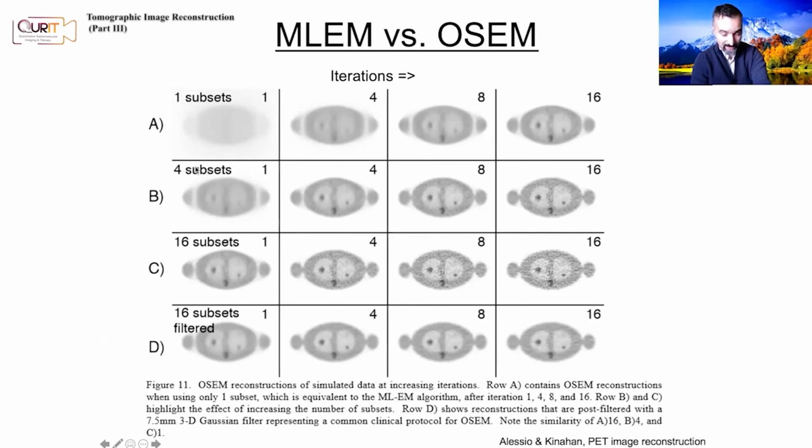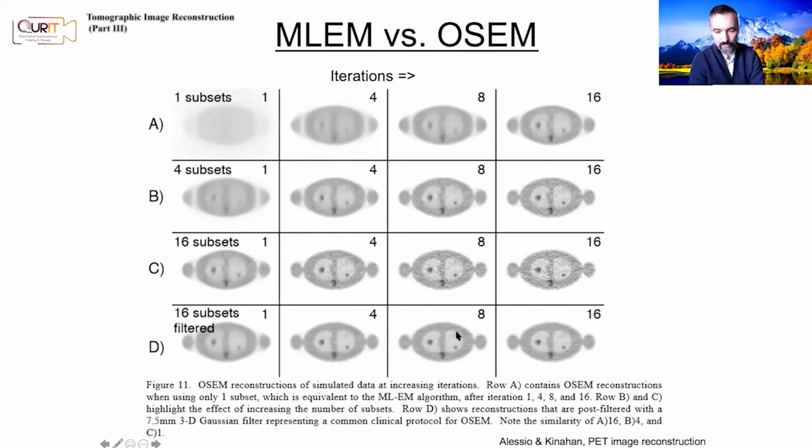But if you now add subsets, and you do one full iteration, having gone through the entire data set 4 times, it's almost like you went through the data set once, but you've actually updated your formula 4 times, because you first used a quarter of the data set, got an update, another quarter, got an update, another quarter, got an update. So by the time you finish cycling through your entire data, you already have a better image estimate. And so you see that with more subsets, you end up moving faster.